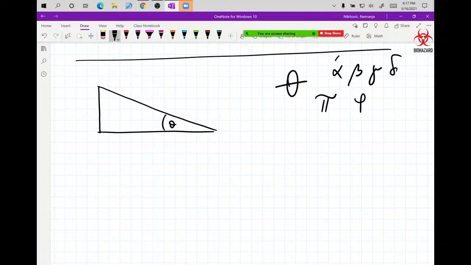Alpha is A, beta is B, gamma is G, and delta is D. It's closer to Cyrillic than to Latin, which is why you perceive letters being out of order, and me, originating from Serbia, for me, that's the correct order of letters. A, B, V, G, D, and so on.